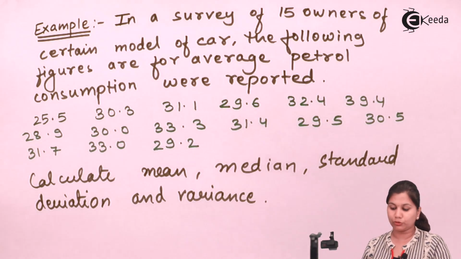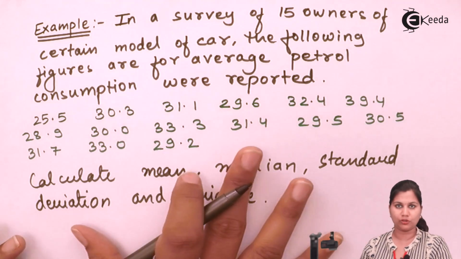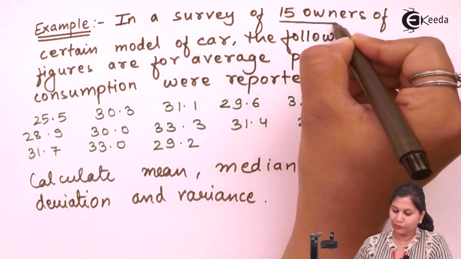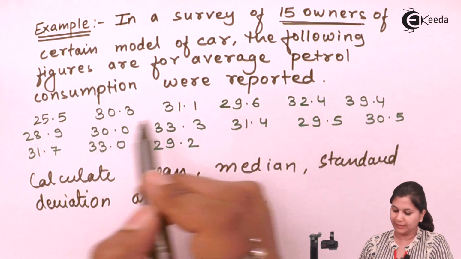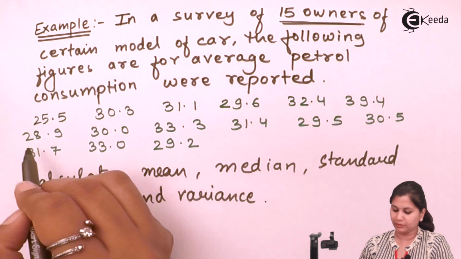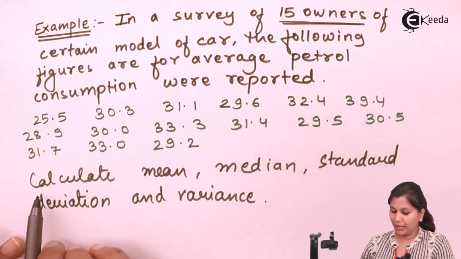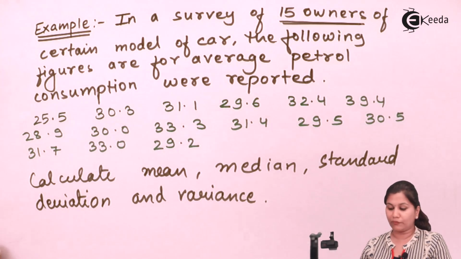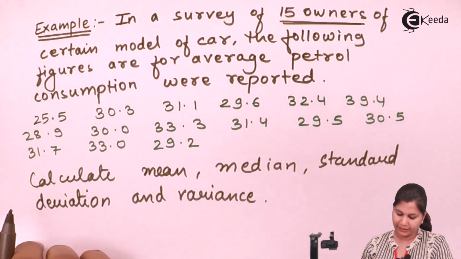So we have to do the statistical analysis over this data which is given to us for the 15 owners. The total number of readings is 15: 1, 2, 3, 4, 5, 6, 7, 8, 9, 10, 11, 12, 13, 14, 15. So we have to calculate mean, median, standard deviation and variance. We know their mathematical formulas, we just have to use them and calculate these values. So let's start.